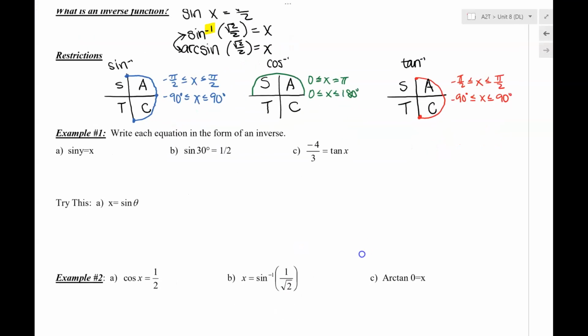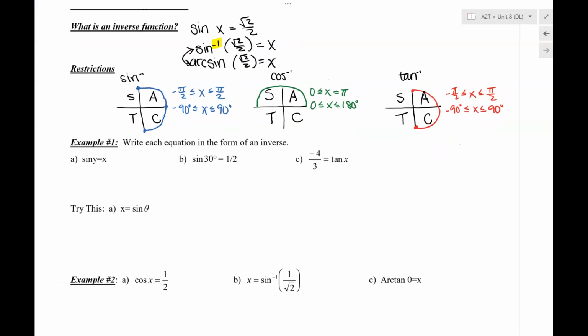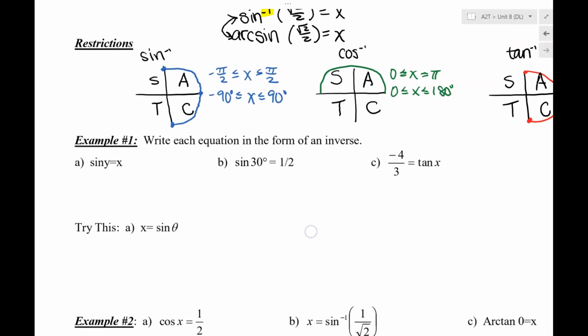If I'm asking you to write something in inverse form, let's say I have the sine of y is equal to x, and I need to take the inverse. Well, the input and the output switch. So as it's written right now, y is the input. So if I'm going to take the inverse, I'm going to apply the inverse to the output of the original, in other words, the ratio of the sides.